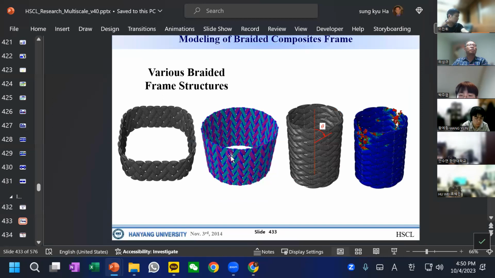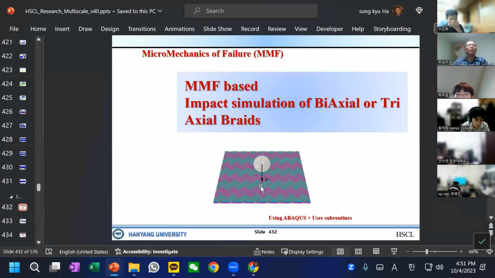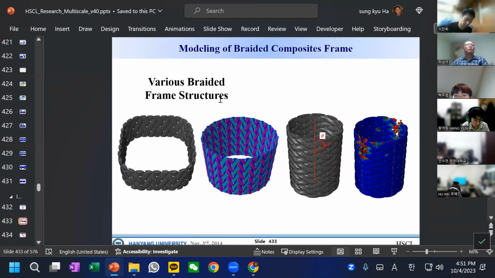Now these structures, woven, can be a braiding. The difference between braiding and woven is that with braiding you can have many different angles, like plus minus 30 degrees, but the woven is always 0/90. Braiding, you can have plus minus any angles. So this is the braiding.